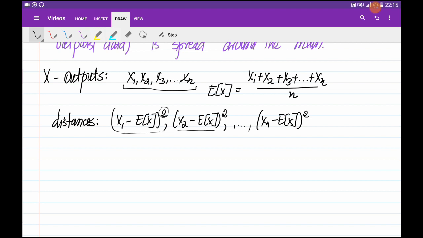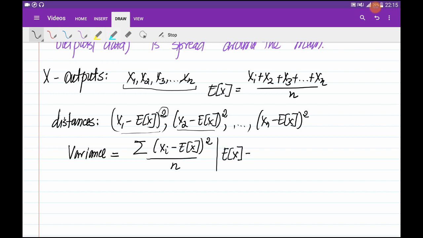So now, as we said, the variance would be the average of those distances, right? So the variance would be the sum of all those distances, (xi minus E of x) squared, divided by n. Here, E of x is simply a constant, which we calculated before. Do you remember? Previously we said the expectation of x is the summation of xi over n.